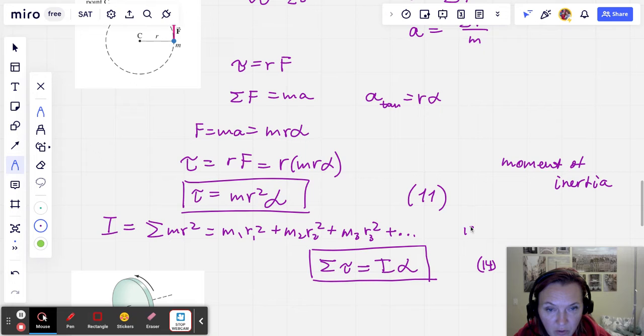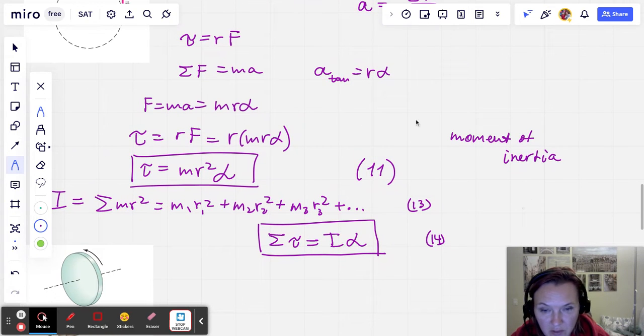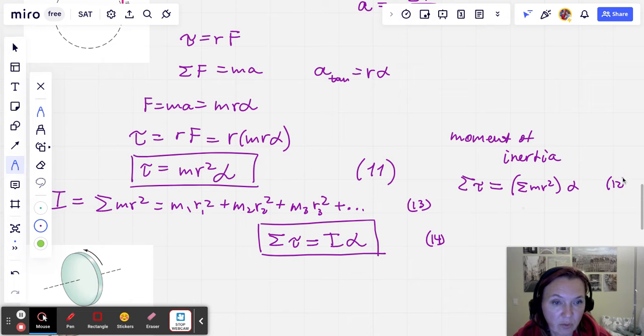This was equation number 13. I did not label equation 12. It was similar to this one. I'm going to put it right here on the side for us. That would be when we had several particles. So then the net torque is going to be sigma m r squared times alpha. So that's going to be my equation 12. Okay, that goes like that.